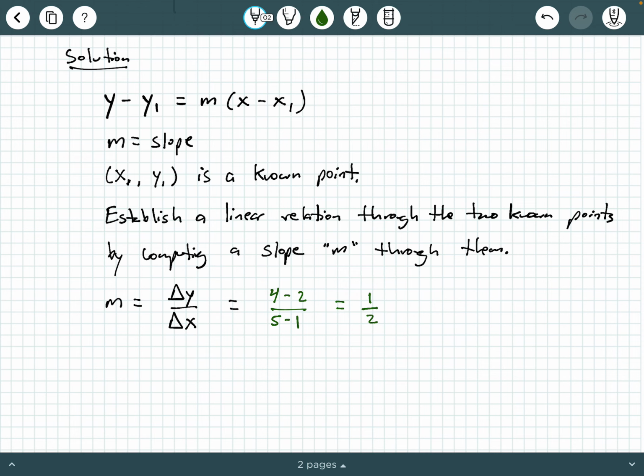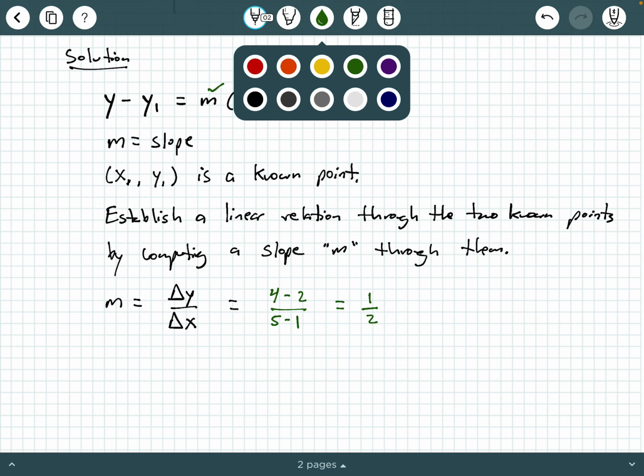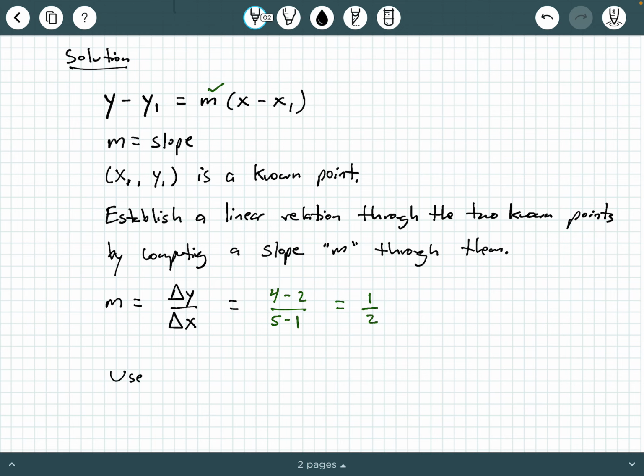The slope using these two known data points is 1/2, establishing a linear relationship between the two data points that we know. So we can put a little check mark here. We know what m is. Now we can use either of the known points as (x1, y1).